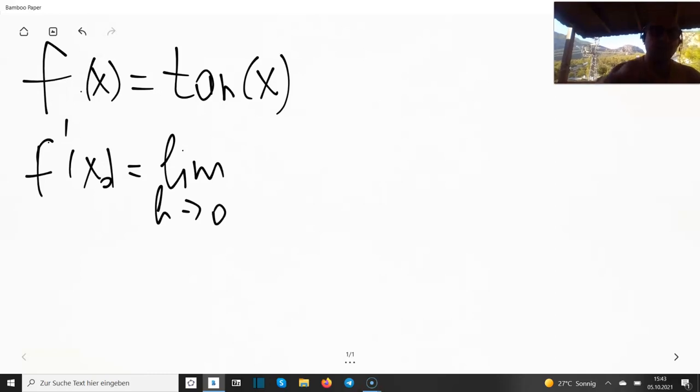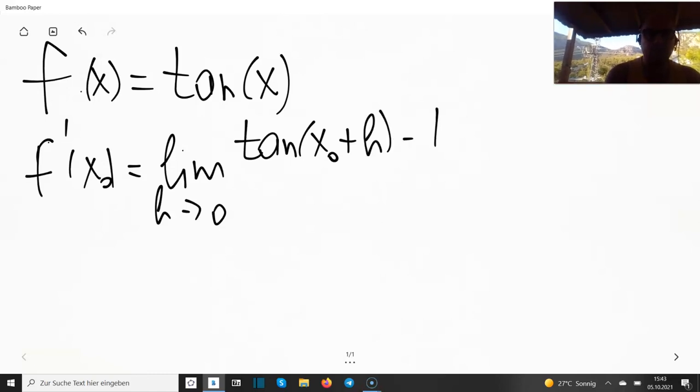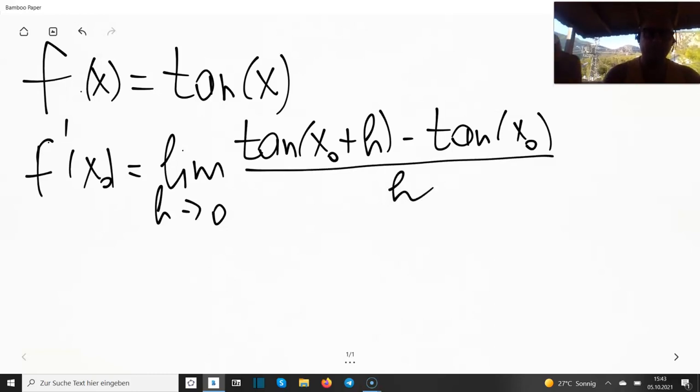So h towards 0, we have a tangent of x0 plus h minus tangent of x0 divided over h. All right, so what do we have? Well, we start with just the basic definition of the tangent itself.